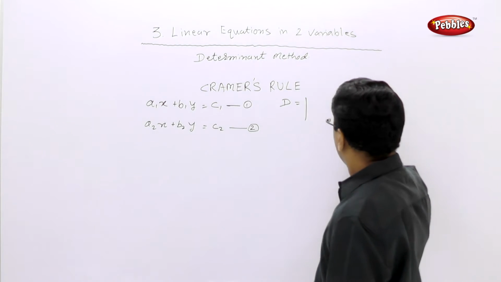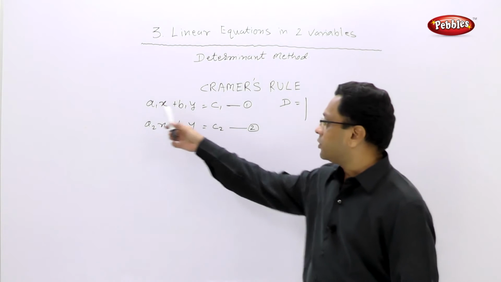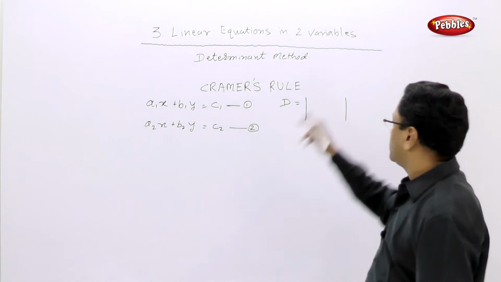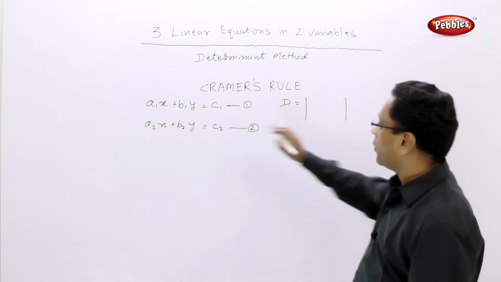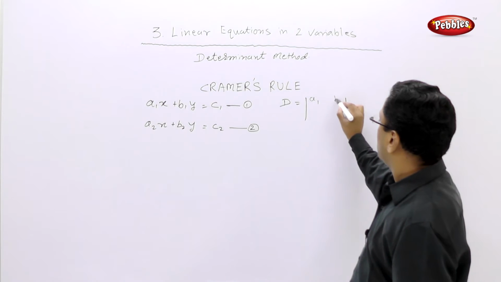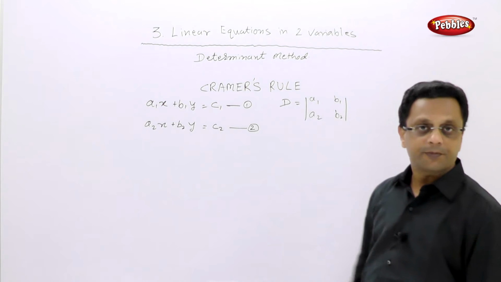Now finding this D, what will we do? Can you see the coefficients? Just write these coefficients as they are here for x and y. So this will be a1 b1 and a2 b2.